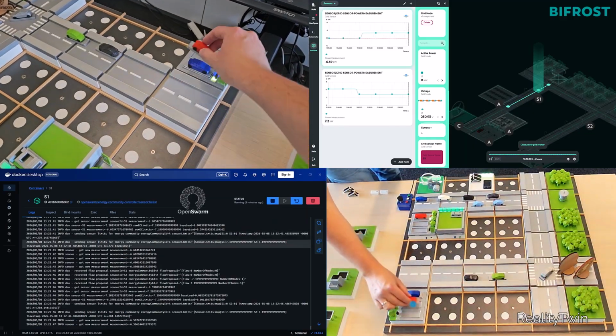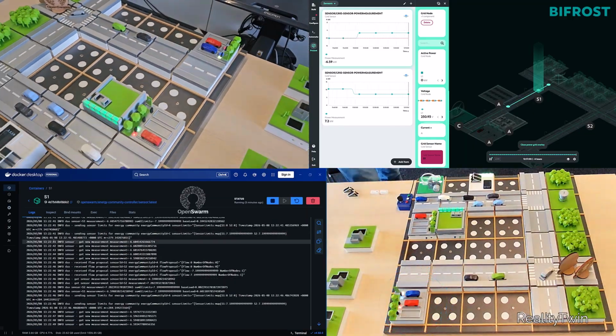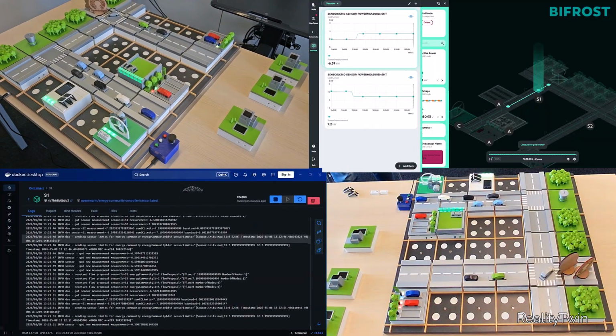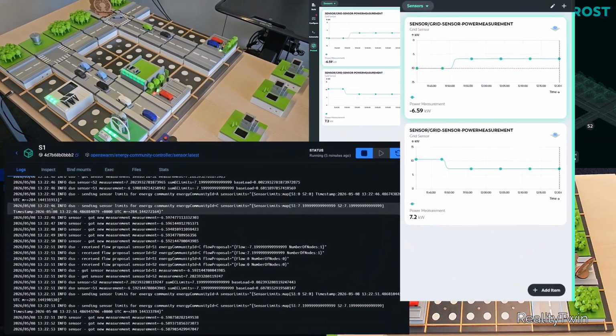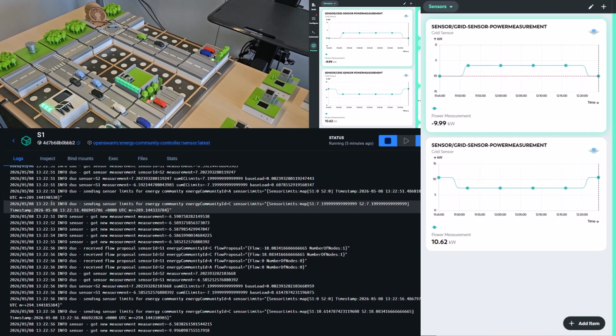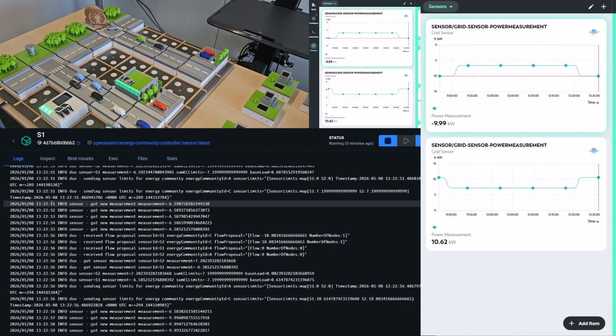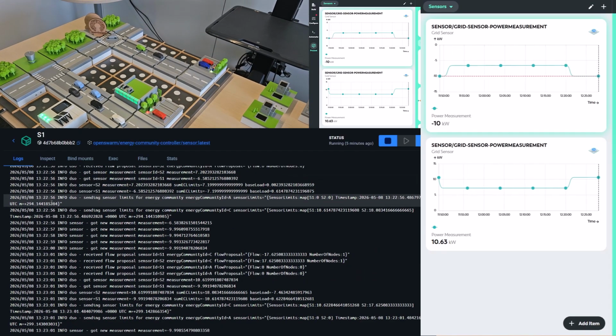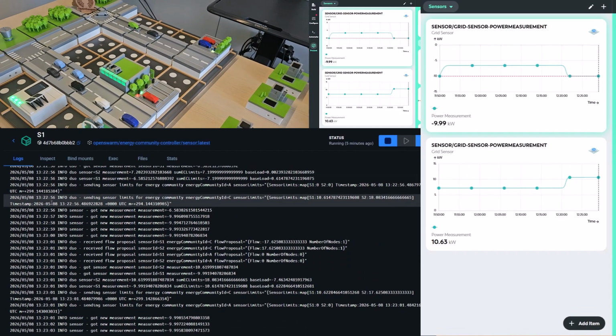When a car is added again and community C would exceed the power limit, again we can observe in the log that this information is processed and the grid sensor node ensures that the power limit is kept.